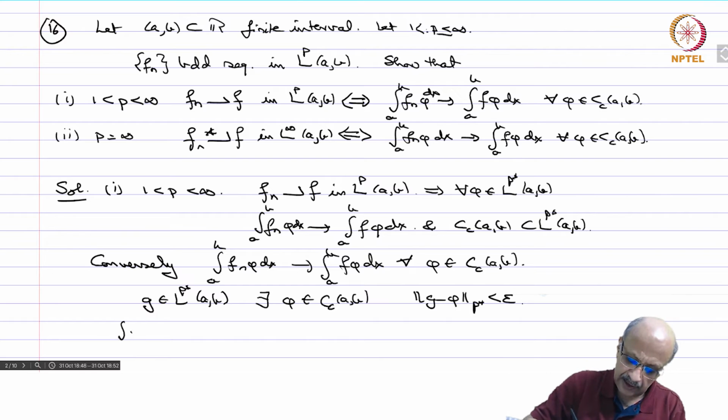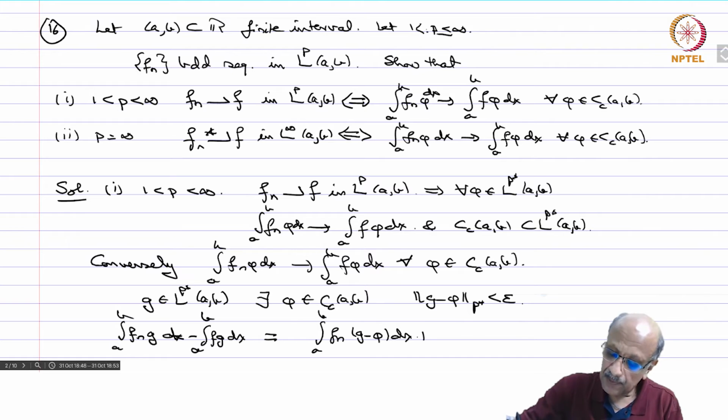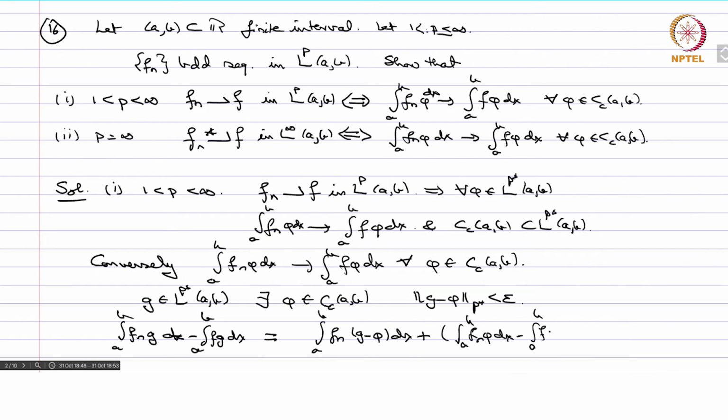Okay, so then integral f_n g dx minus integral f g dx, always between A and B, is equal to integral f_n of (g minus phi) dx from A to B plus integral from A to B of f_n phi dx minus integral from A to B of f phi dx plus integral from A to B of f (phi minus g) dx.